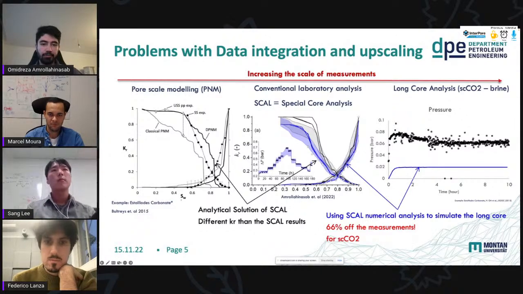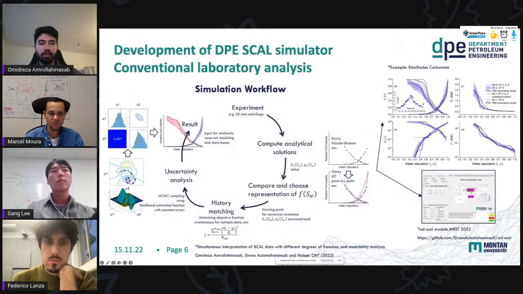So what we have done is to try to develop a workflow which you can in the end implement for your upscaling approaches. First, we started with core scale. We said here the analytical solutions are not perfect because of the assumptions that they have.